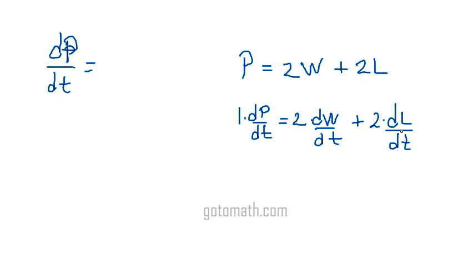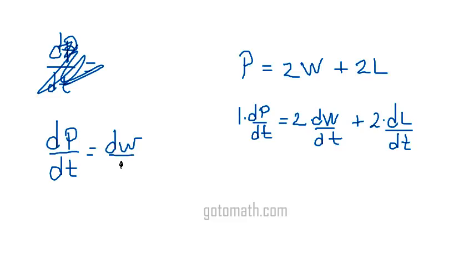Alright. It's kind of crooked, but you get the idea. So dP, and you know what? Let's scribble that out. dP over dt is equal to, kind of clean this up, dW over dt plus dL over dt.